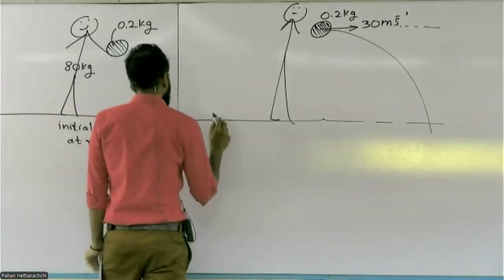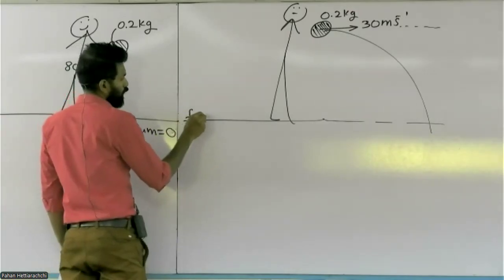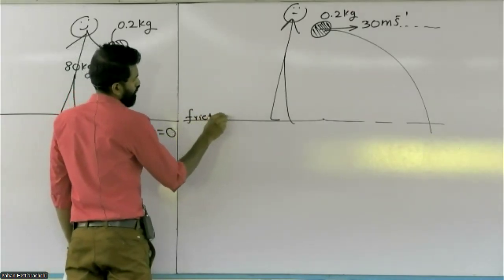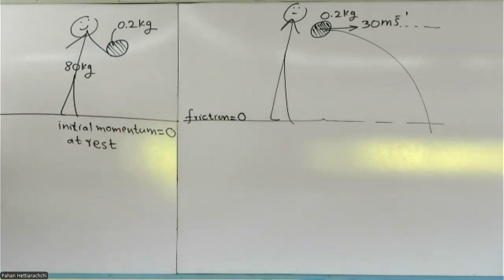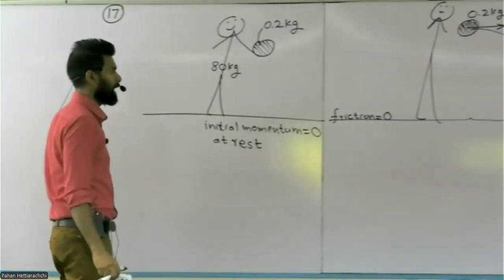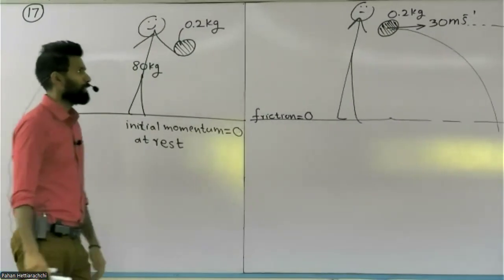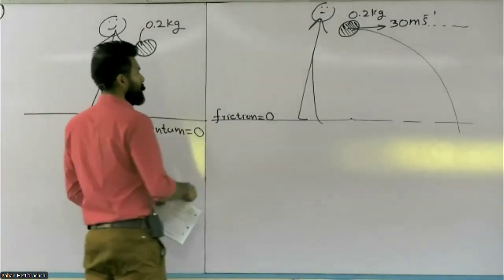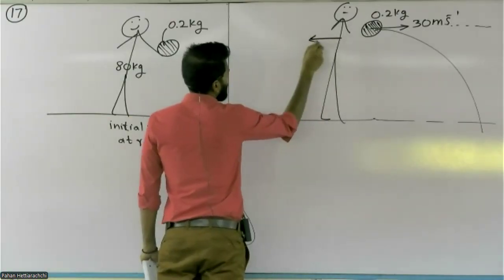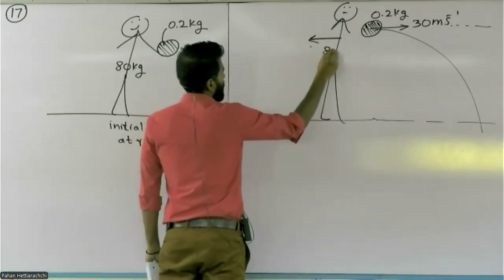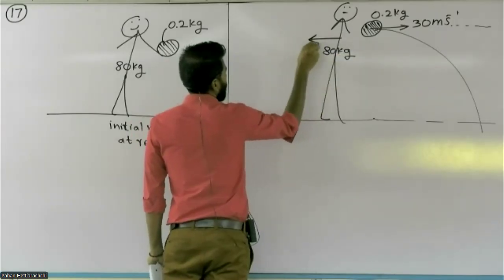I think they have neglected the friction from the ground. If the friction is there, the man will not move in the opposite direction. Due to the friction, he will stop at the same place. But here, I think they have neglected the friction. So when the ball is thrown in the rightward direction, for momentum to be conserved, the man's body will move in the opposite direction.